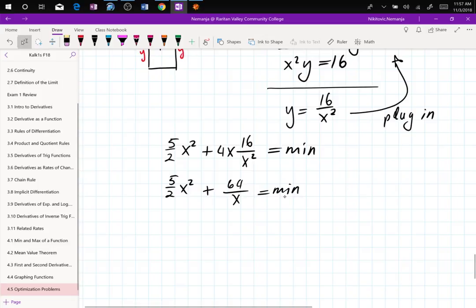Now, my entire equation is in terms of x, so I am ready to hit this with the derivative, d dx. Derivative of, so 2 drops down and kills the denominator, so it's 5x minus 64 over x squared equals 0. When you take the derivative of x to the minus 1, you get minus 1 over x squared. And then 64 is just a constant you copy.